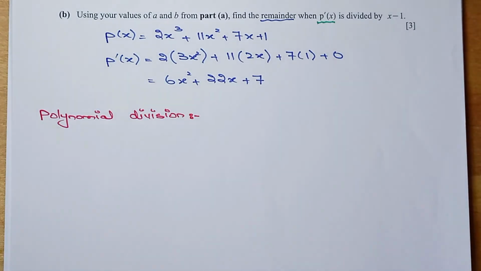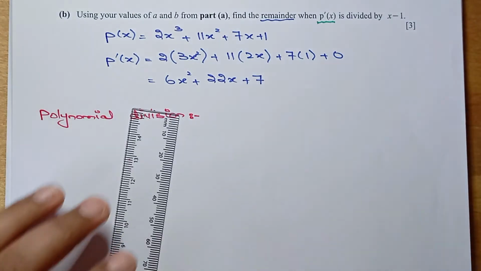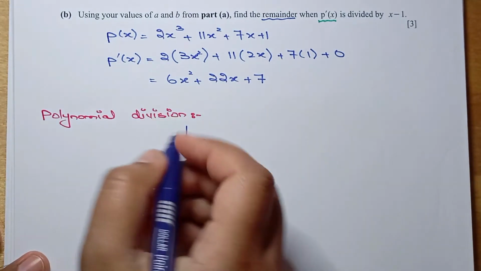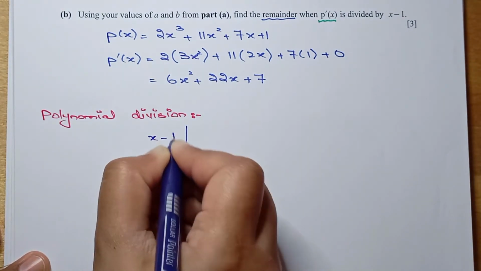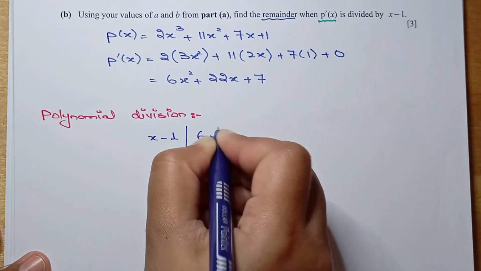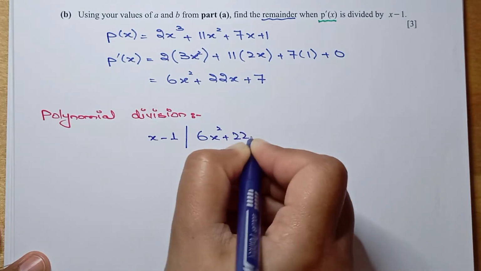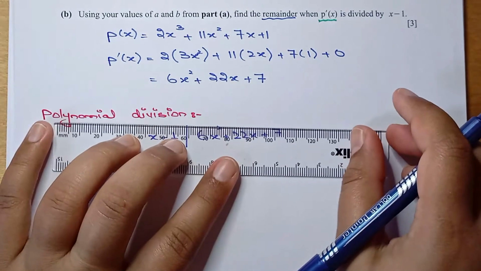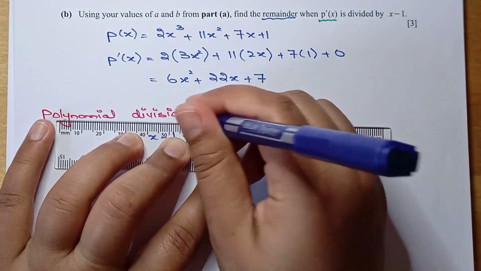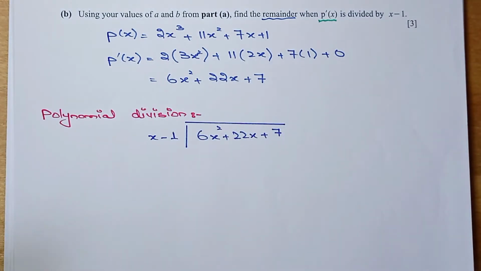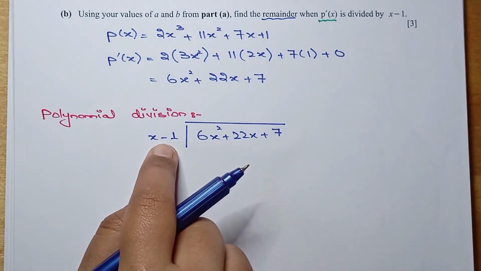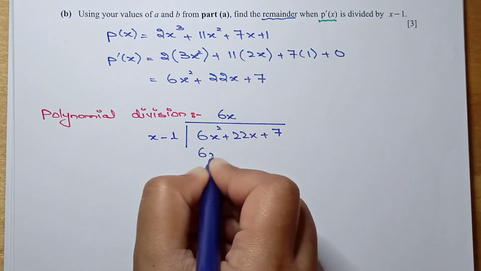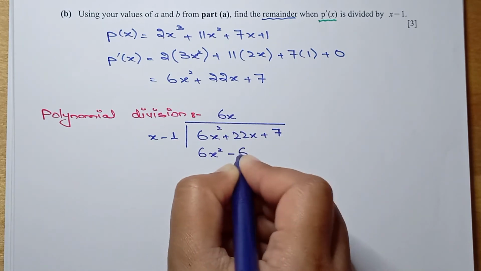Right. So in the polynomial division method, outside we have x minus 1, and inside 6x squared plus 22x plus 7. So x minus 1 is going to multiply with 6x first to get 6x squared minus 6x.